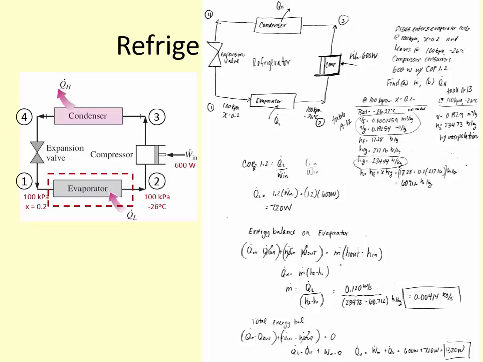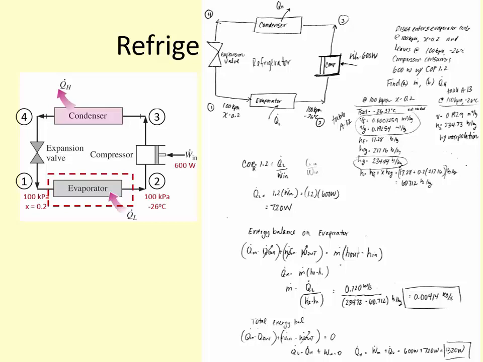Then at 100 kilopascals and negative 25 degrees Celsius, we can look up and find h by interpolation is 234.73 kilojoules per kilogram. So this is table A13 and this is table A12.